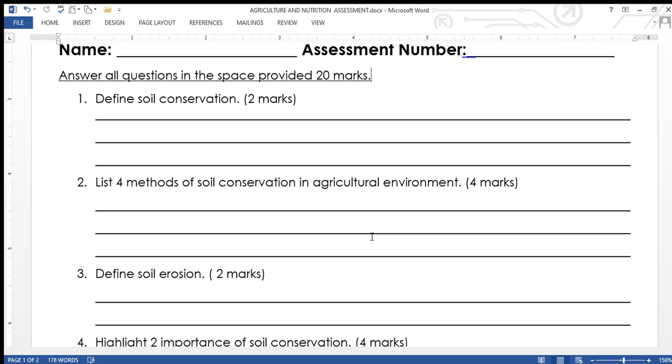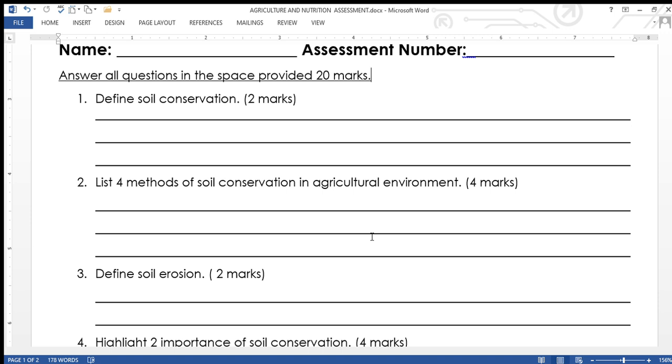Group 5, can you read question 3? Define soil erosion. What is soil erosion? Which group will present the answer for that question? Yes, group 6.